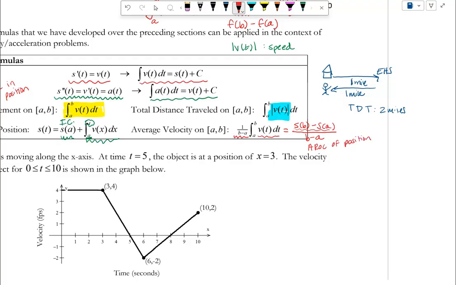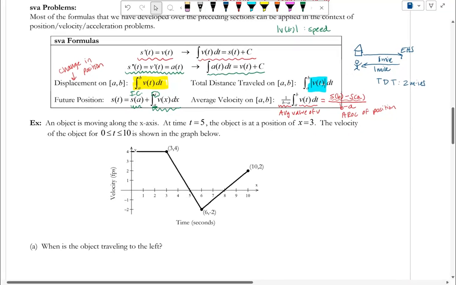And that is the same as my average value of velocity. So we could use those interchangeably, but sometimes we have information to use one versus the other. Those are equivalent statements there.